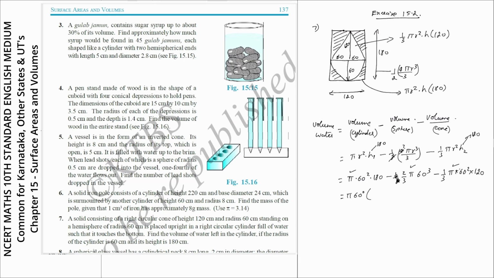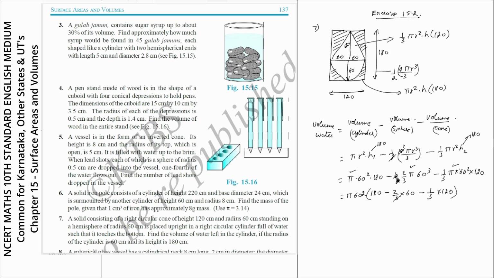In the first term I will be left with 180, minus 2/3 into 60, since I am taking 60 square common, one more 60 will be left, minus 1/3 into 120.